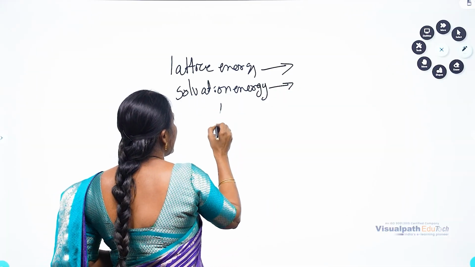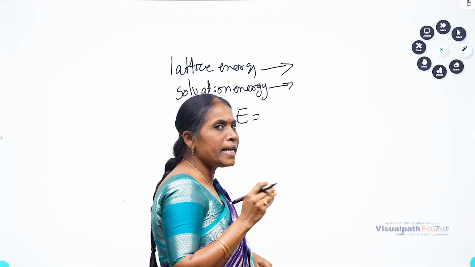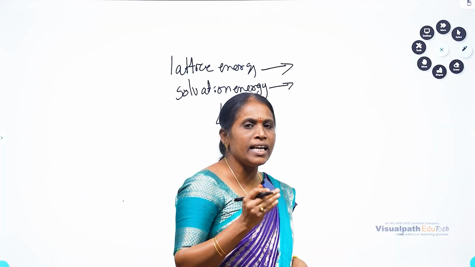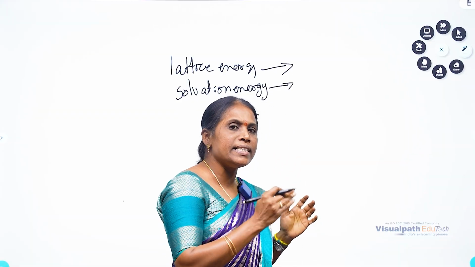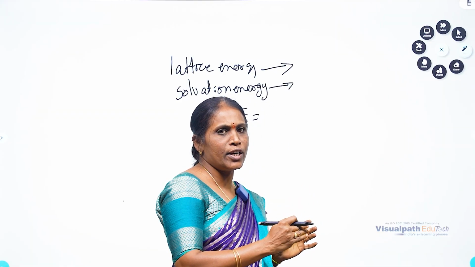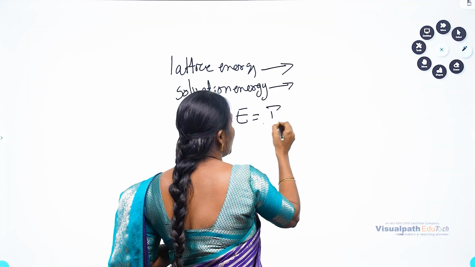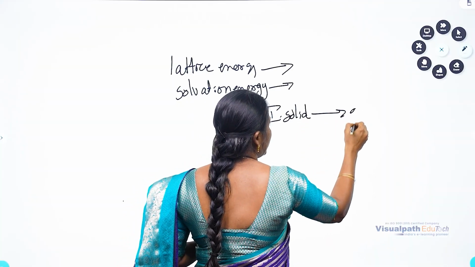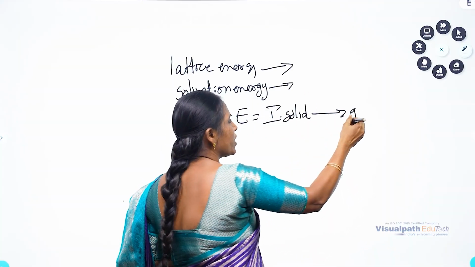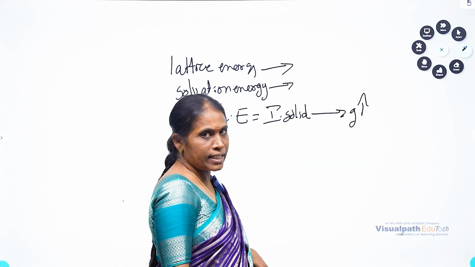First we see the lattice energy. Lattice energy means the minimum amount of energy required to convert ionic solids to gaseous ions, meaning solid is converted to gas. That energy is known as the lattice energy.